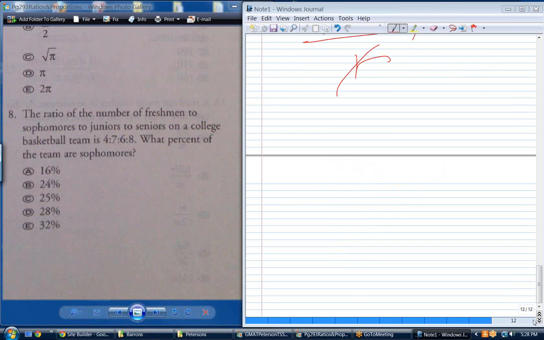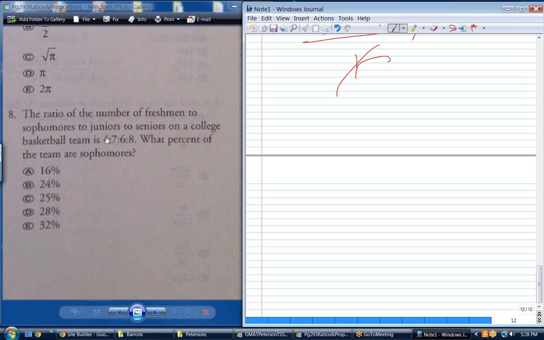What is the ratio of the number of freshmen to sophomores to juniors to seniors on a college basketball team? The ratio is 4:7:6:8. What percent of the team are sophomores? You can use the exact same strategy that we used before.